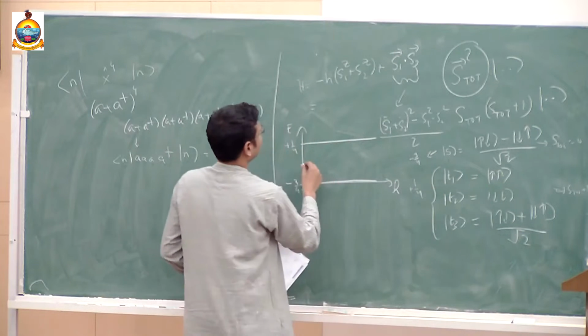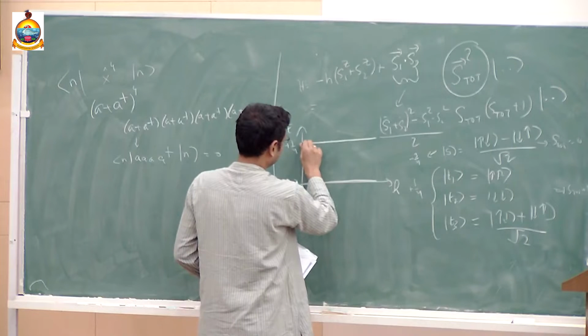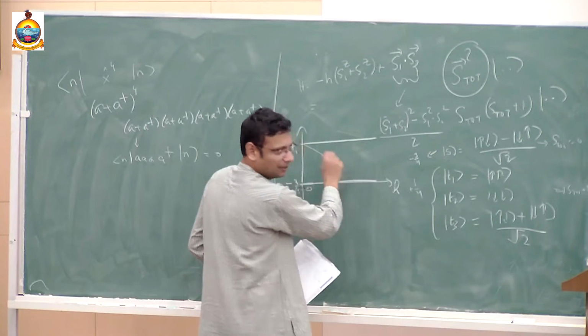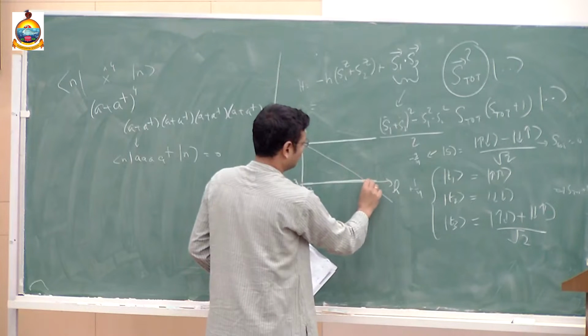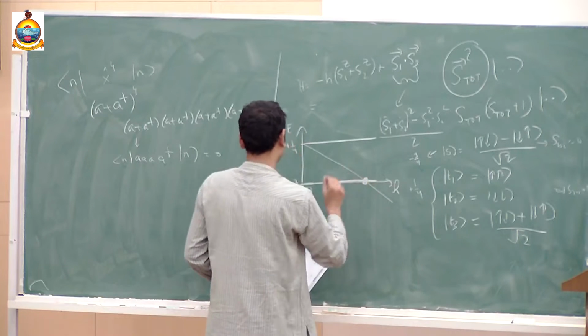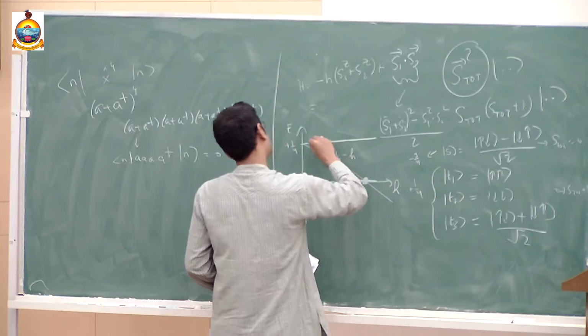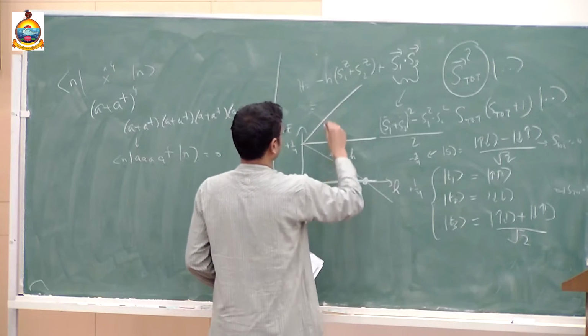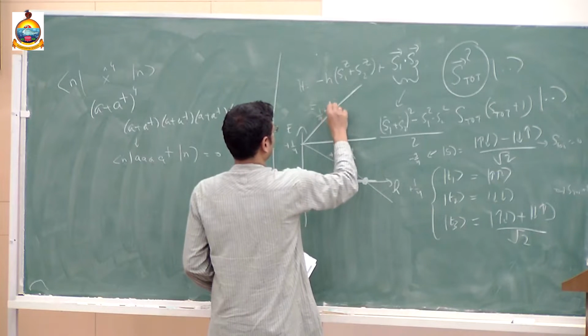Because there is a minus sign. Yes, that's correct. So it will keep going down, and it will cross this guy somewhere. Do you agree? So it's plus 1 by 4 minus h. And this guy is plus 1 by 4 plus h.